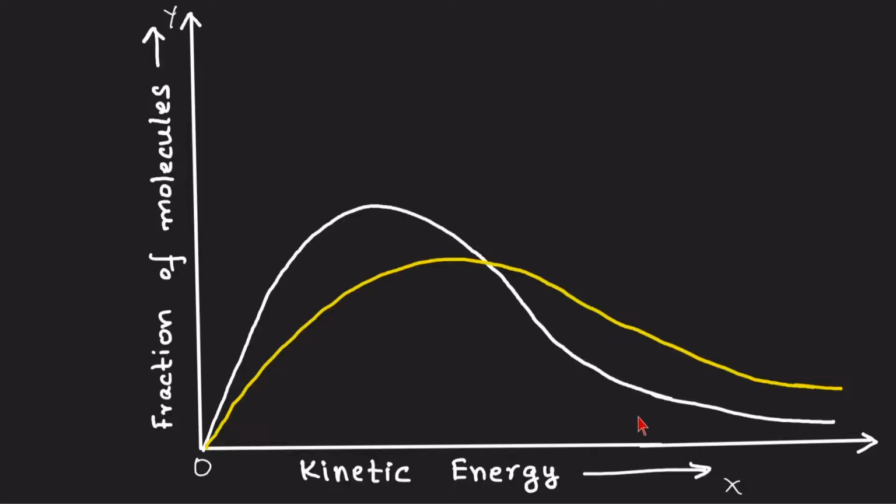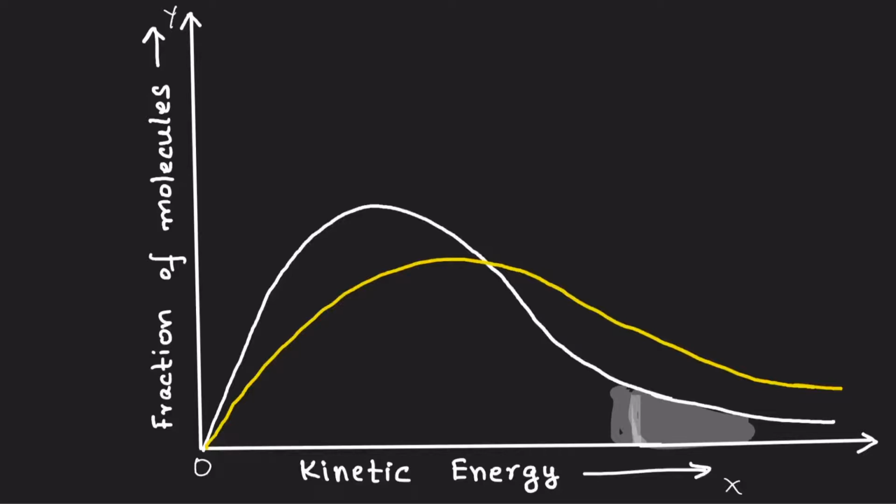Whereas very less fraction of molecules or very less number of the particles have that high amount of energy which they need in order to bring about a chemical reaction. That high amount of energy is what we call as that they have the necessary activation energy.